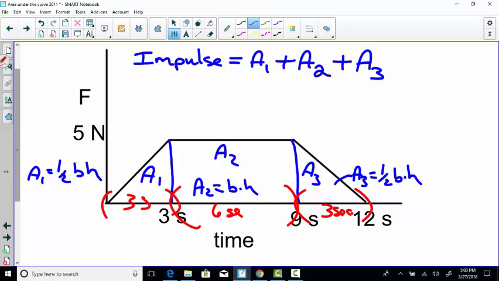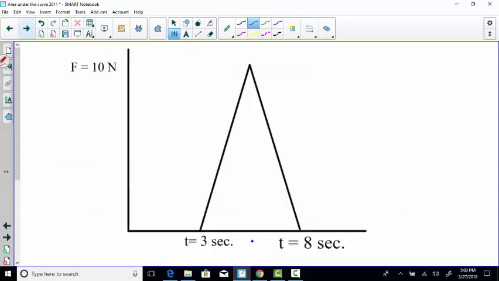Okay, now in the real world, you're going to get some things that are going to look like this. And they're not even going to be this perfect. But you have a triangle here where you still want to just calculate the area by using 1/2 base times height.